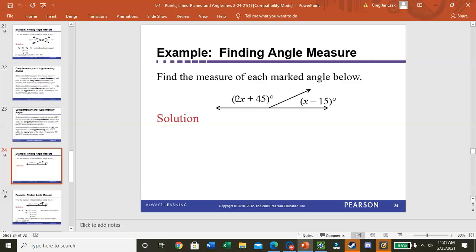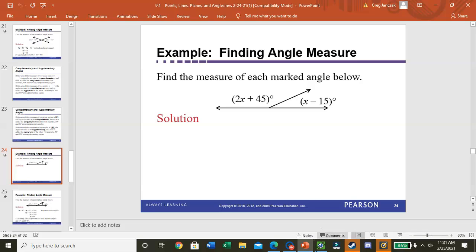So you have to know that because you have to know what we are going to do with these equations. How are we going to set up our equation? We add them and make them equal to 180, right? So I'm just going to reconstruct this figure here. So this is 2x plus 45, and this is x minus 15.